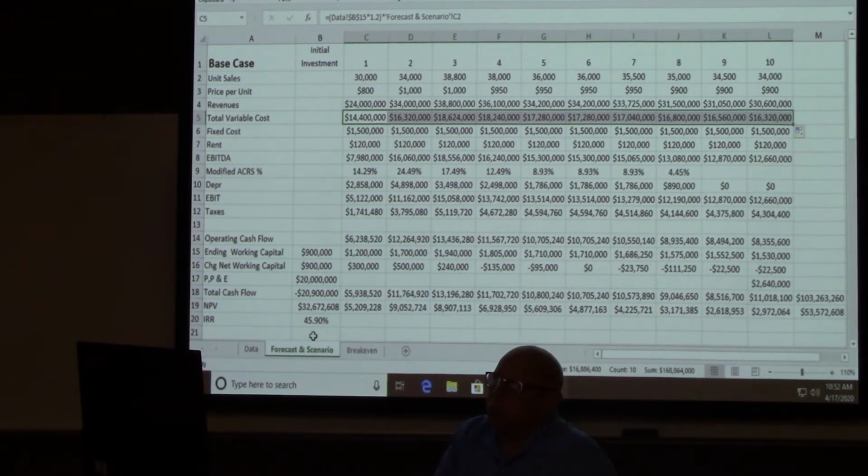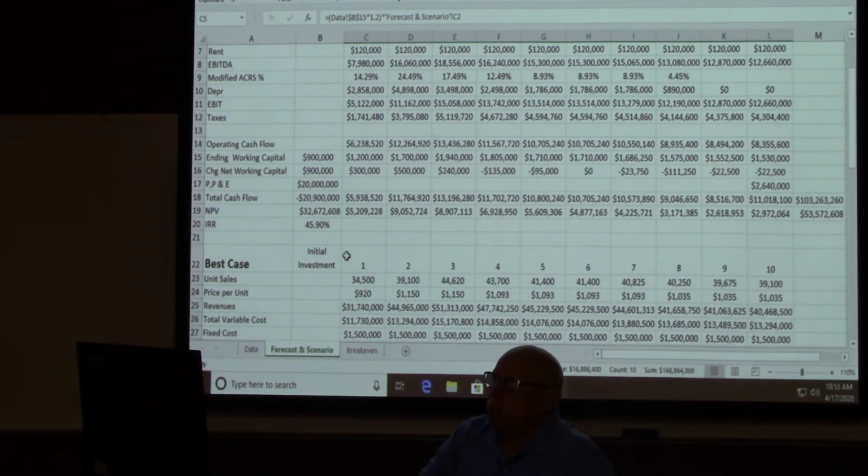So what this is showing us is that with this particular case, there would have to be massive changes in unit sales and or unit price and or variable costs in order to bring this thing down.